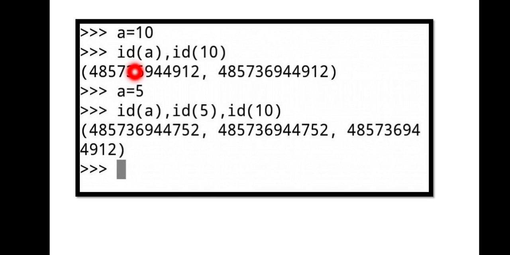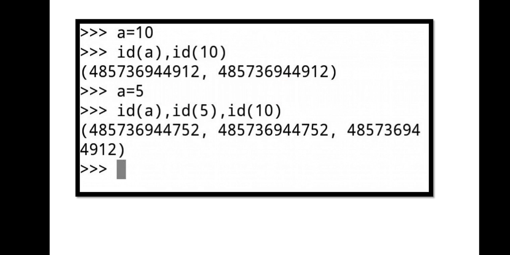As you can see, in order to display the memory location of any value or any variable, we have a function id. So I have written id(a) and then id(10). As you can see, these are the addresses. This is the address of a and this is the address of 10. Both are the same. So the address of a is the same as the address of 10.